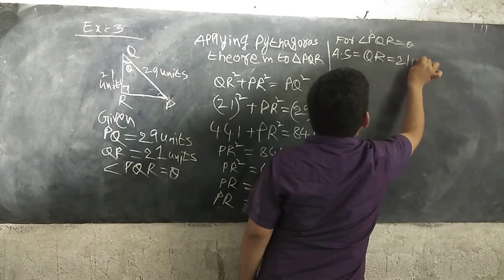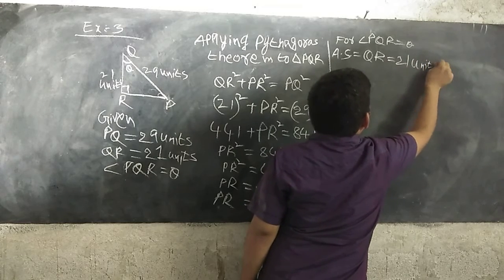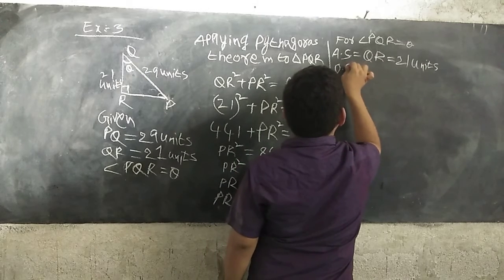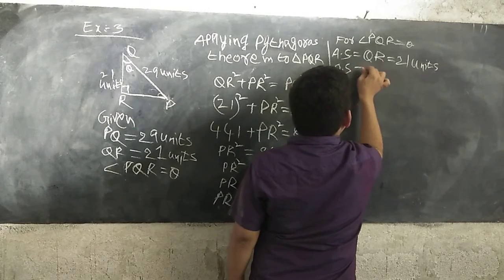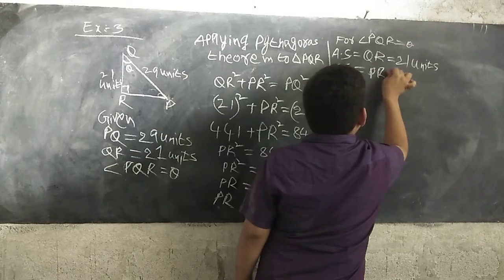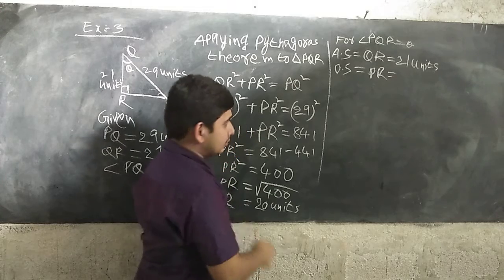The opposite side is PR, equal to 20 units.